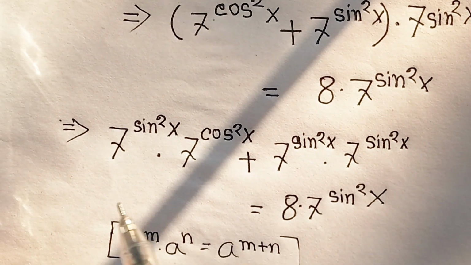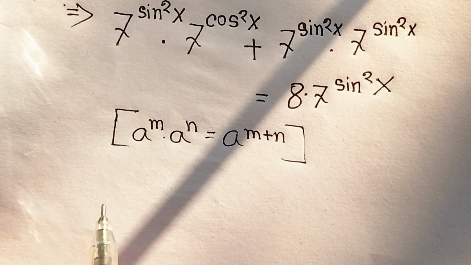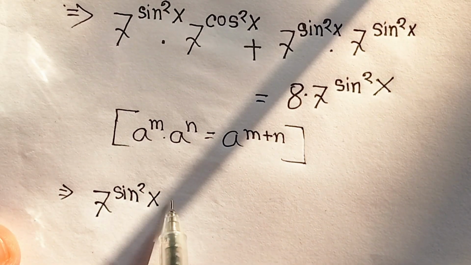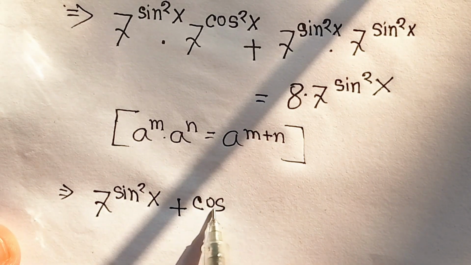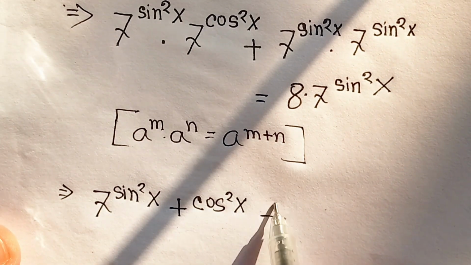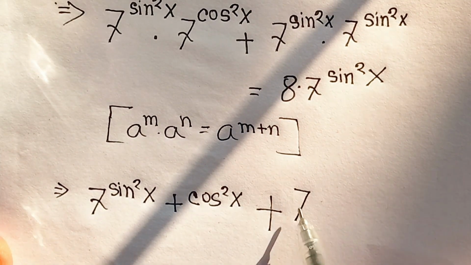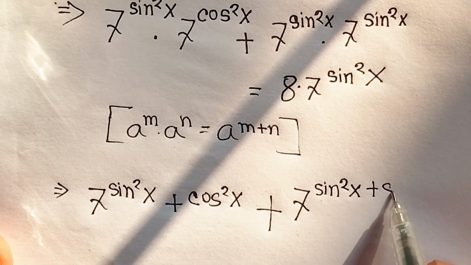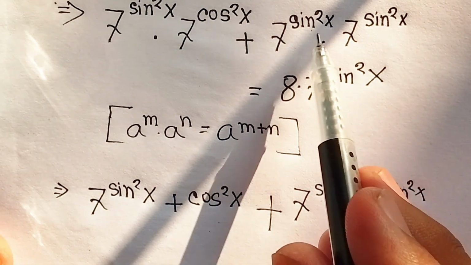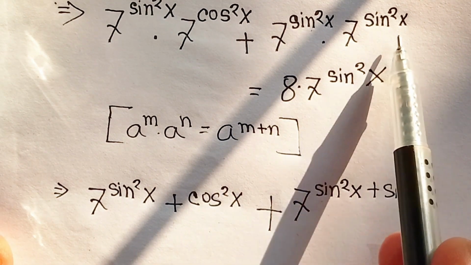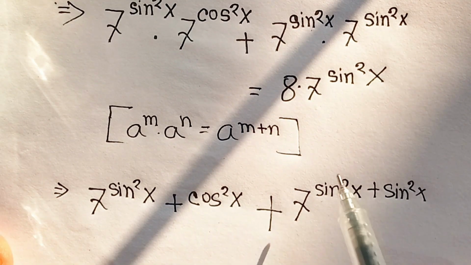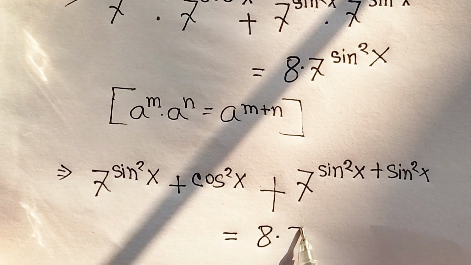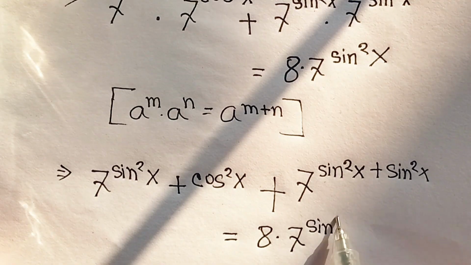After simplifying, we will get 7^(sin²x + cos²x) plus 7^(2 sin²x), where the sin²x is m and this will be n, equal to 8 times 7^(sin²x).